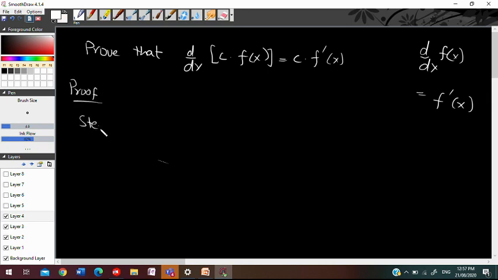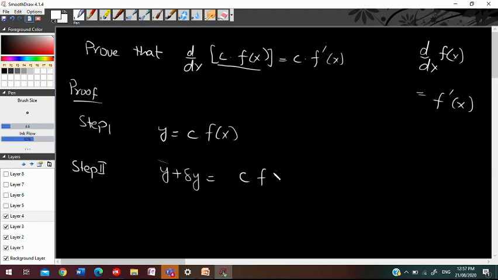What we will take: y is equal to c f of x. This is our function, and this is step 1. Then step 2, y plus del y is equal to c f of x plus del x, an increase in y as well as in x. So this is the first equation and this is your second equation.